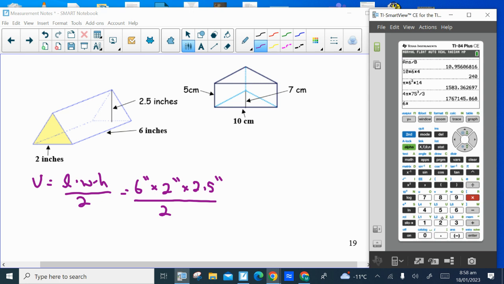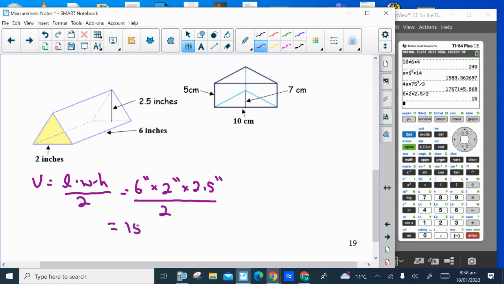So 6 times 2 times 2.5 divided by 2 gives us exactly 15. And that would be in cubic inches.